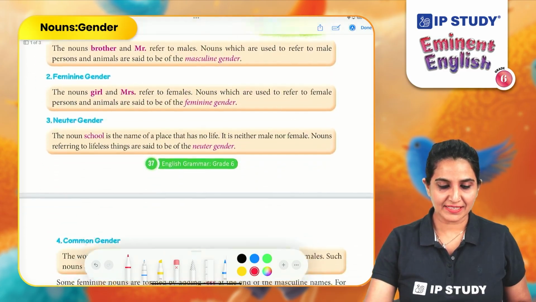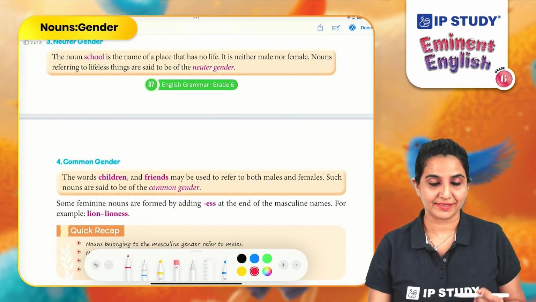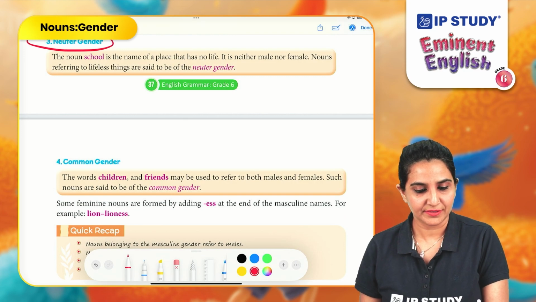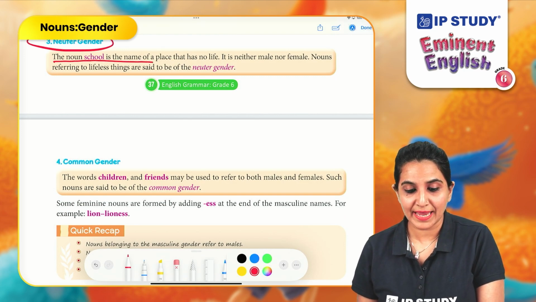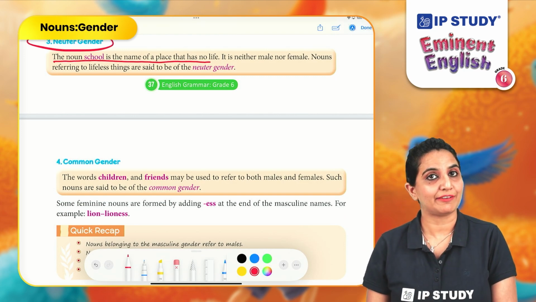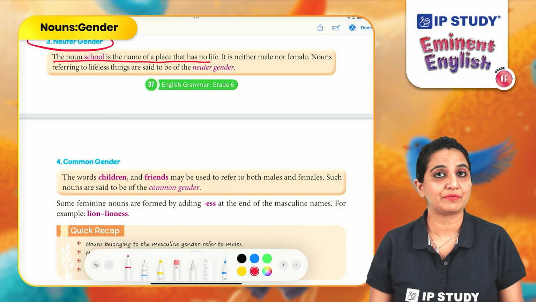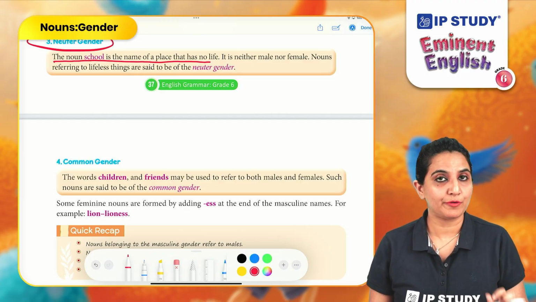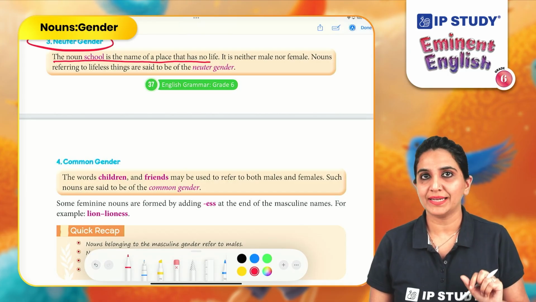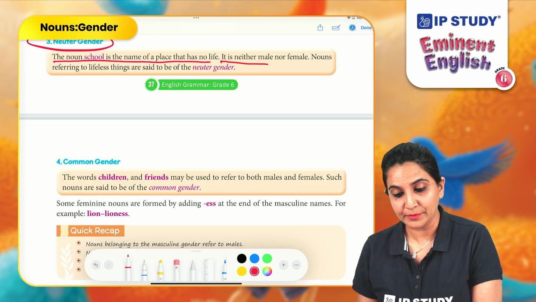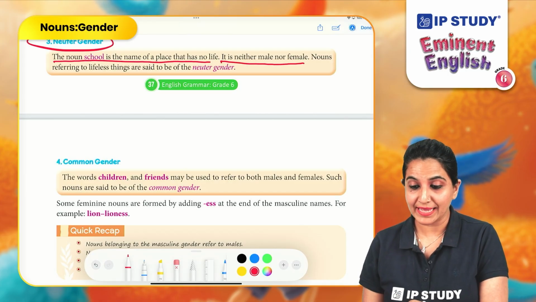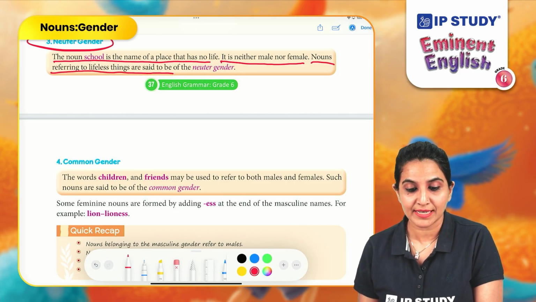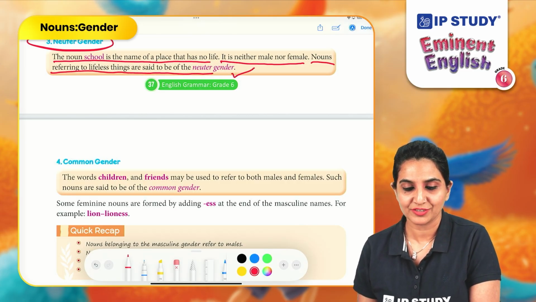Let us understand what neuter genders and common genders are in detail. Neuter gender. The noun school is the name of a place that has no life. It is neither male nor female. Hence, nouns referring to lifeless things are said to be of the neuter gender.